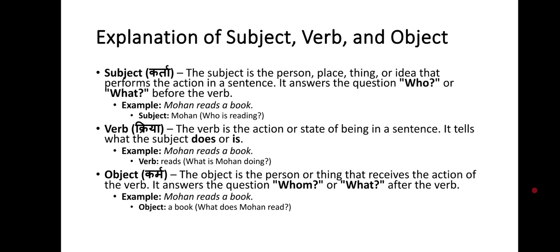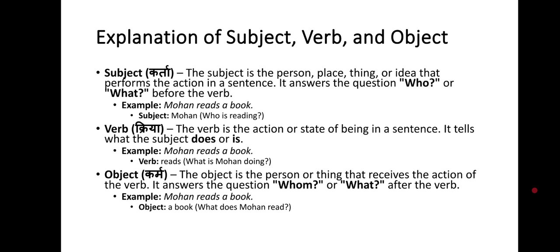Next, we have the object, and in Hindi, we can call it karm. The object is the person or thing that receives the action of the verb. It answers the question whom or what after the verb. For example, Mohan reads a book.